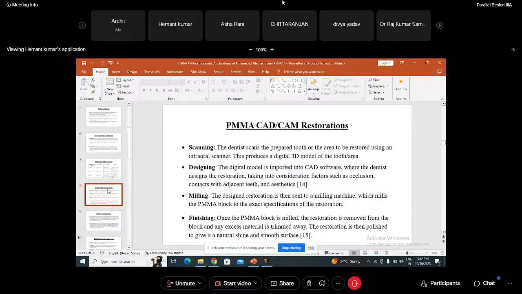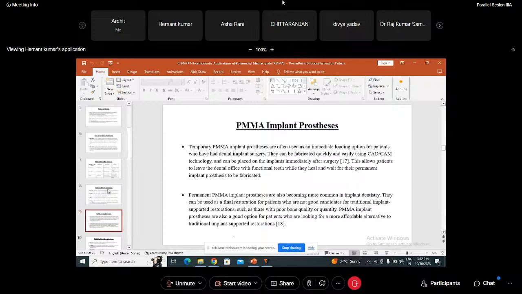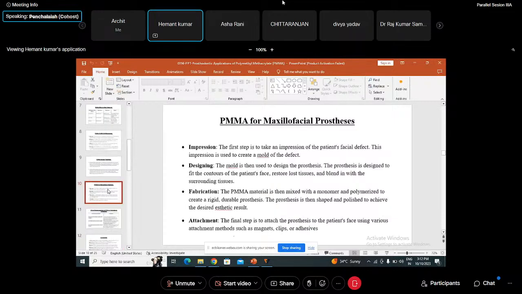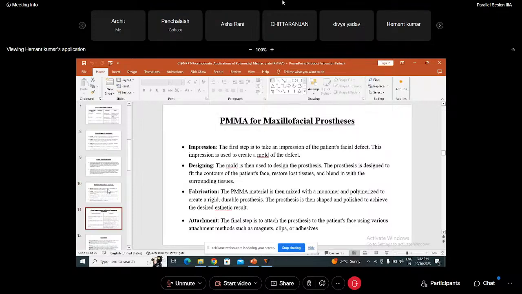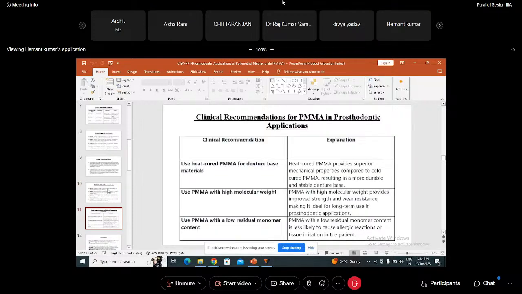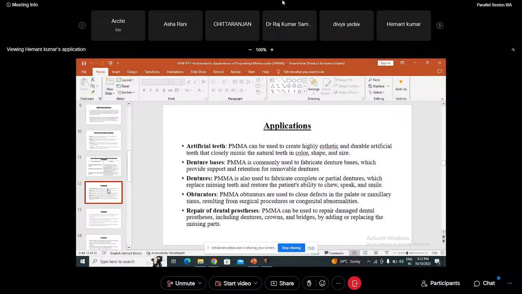CAD means computer aided design and CAM means computer aided manufacture: scanning, designing, milling, finishing. These are the PMMA implant prostheses. And PMMA for maxillofacial prosthesis means impression, designing, fabrication, attachment.